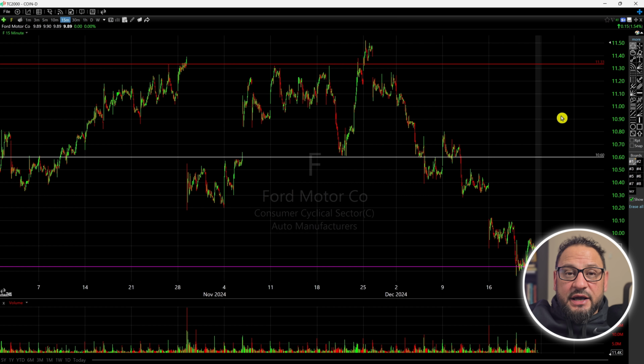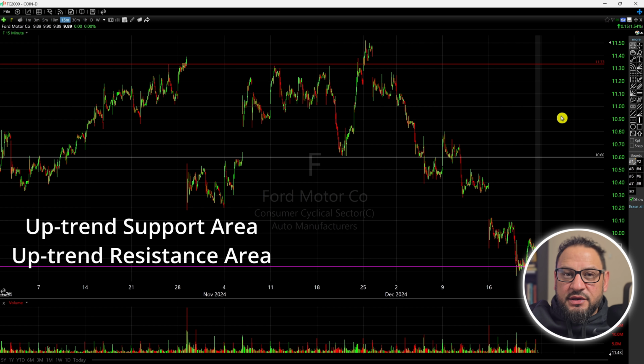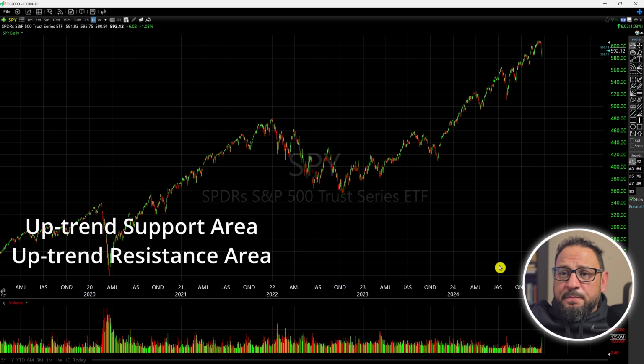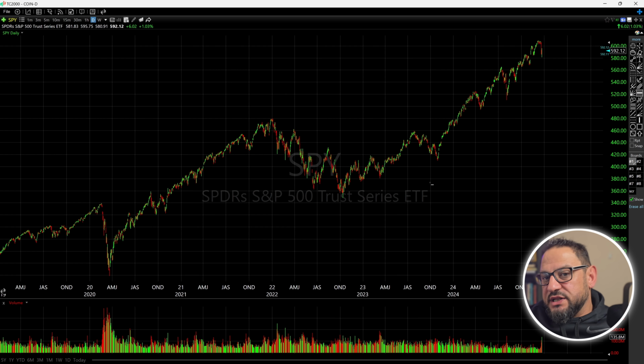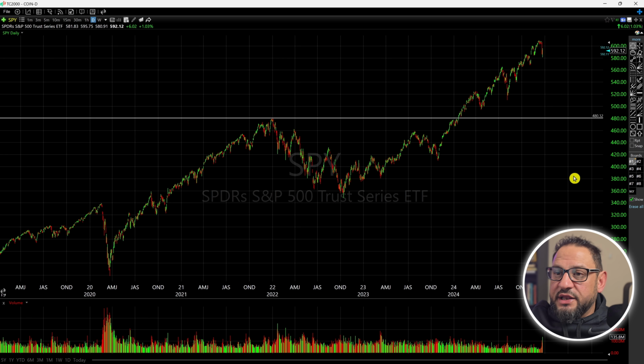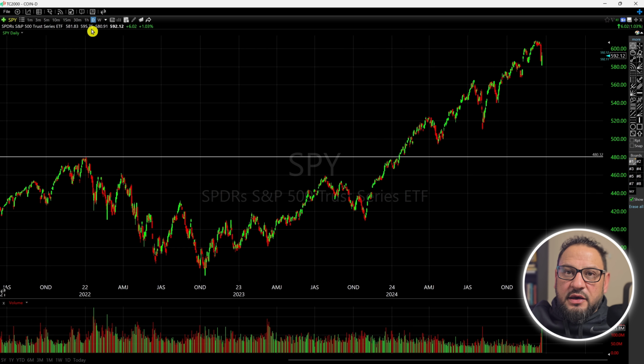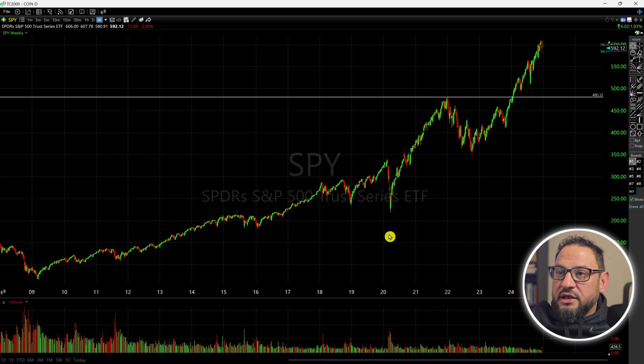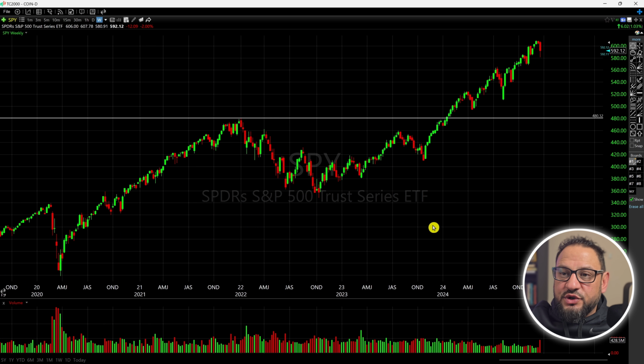So the second kind, we have an uptrend support and uptrend resistance. Let's start with the uptrend support. So now we're on SPY. Let's see how significant those levels are. So we're on a daily chart. Here's an example of a trending upward support. Let's see if we have a cleaner one on a weekly. Yes, we do.